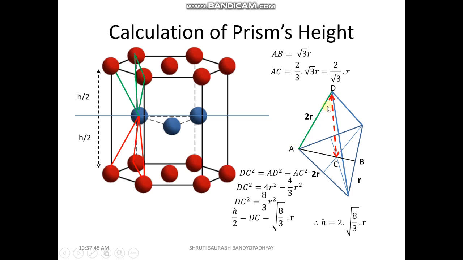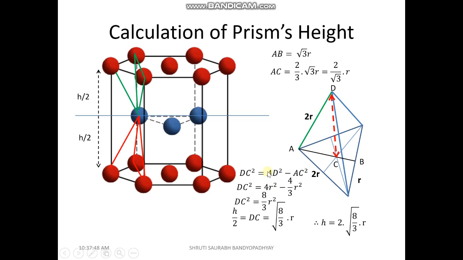Now we want to know the height of the pyramid, that is DC. In this picture, ADC forms a right angle triangle, and this angle ACD is 90 degrees. We see here.